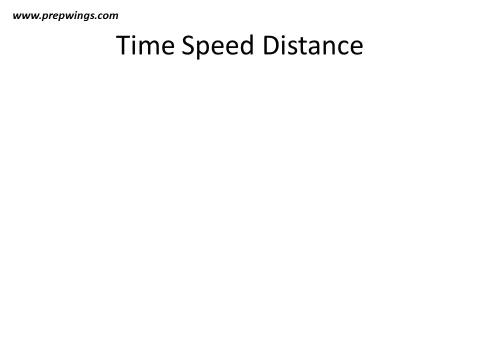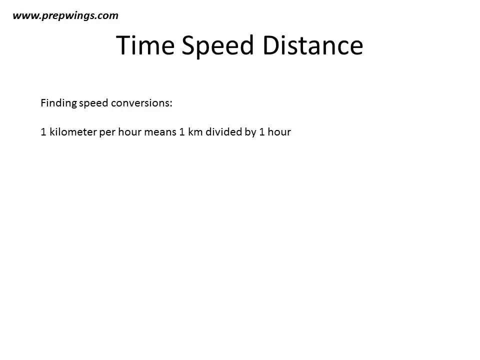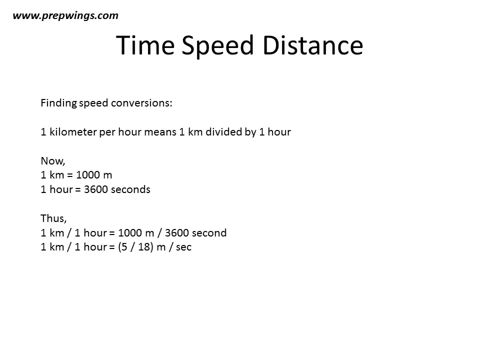Now we will look at how do we find the speed conversions. So if we have to change 1 kilometer per hour to meter per second, for example. 1 kilometer per hour actually means 1 kilometer divided by 1 hour. Now 1 kilometer equal to 1000 meter and 1 hour is equal to 3600 seconds. So 1 kilometer upon 1 hour will be equal to 1000 meter upon 3600 seconds.